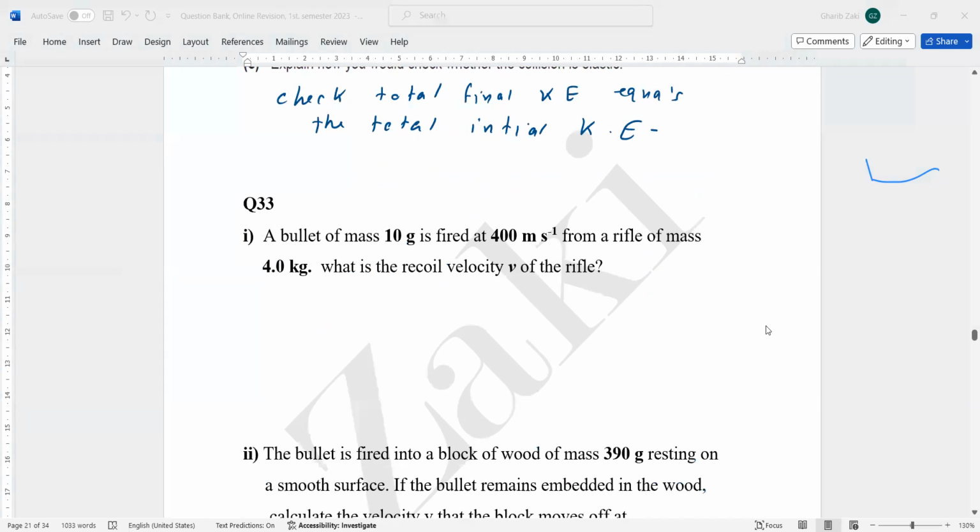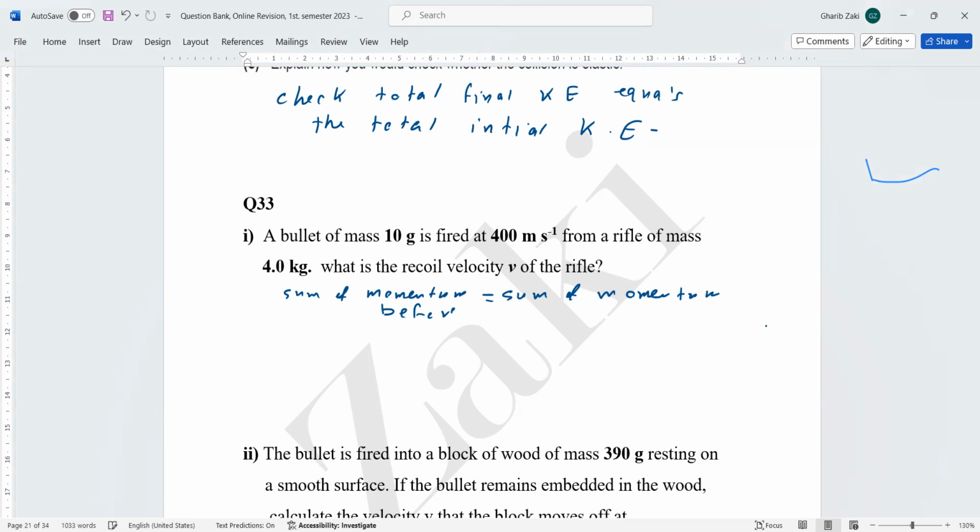We said a bullet of mass 10 gram is fired at 400 meters per second from a rifle of mass 4 kilogram. What is the recoil velocity? Here we write the total momentum before, so the sum of momentum before equals the sum of momentum after.